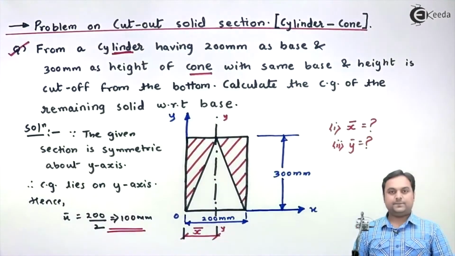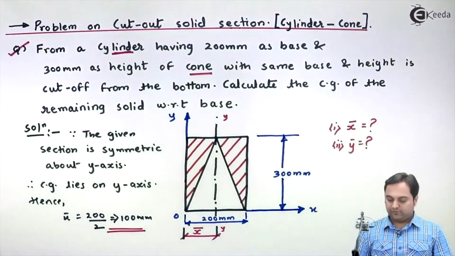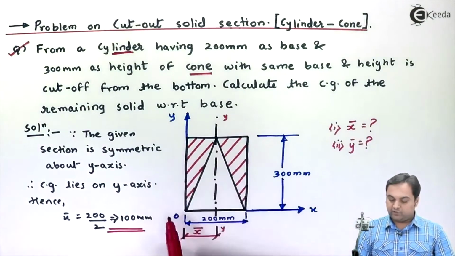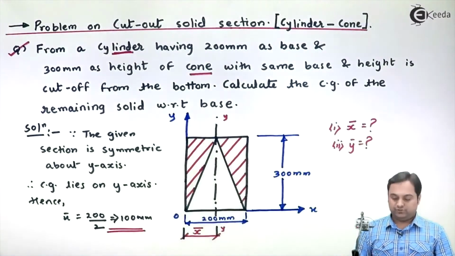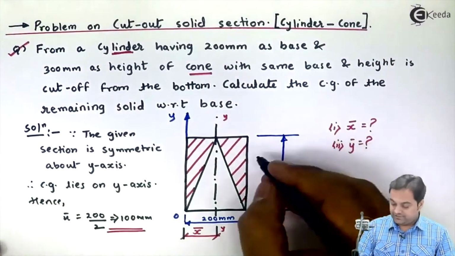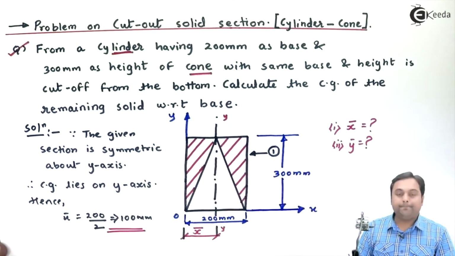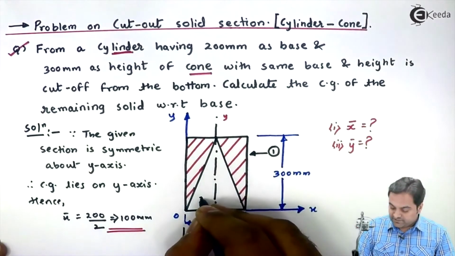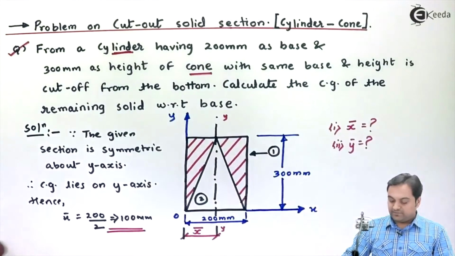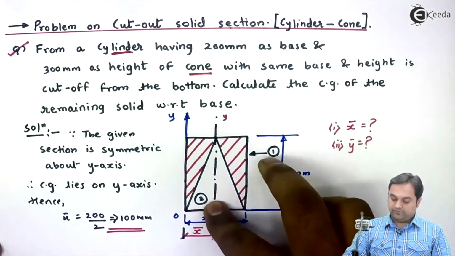Now after getting X bar, we will calculate Y bar. For Y bar, we require the volume of cylinder and cone and Y values. So let us start with that. Here I'll assume the cylinder to be the first solid and cone will be the second solid. So I will subtract cone from the cylinder.